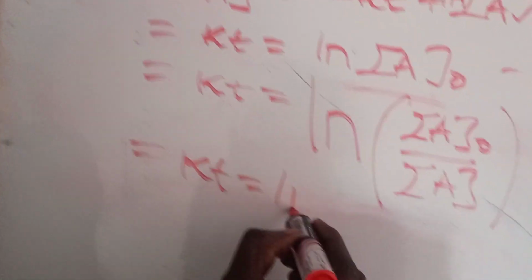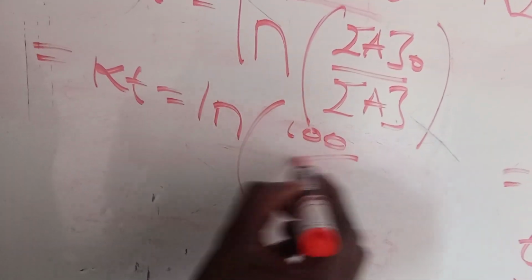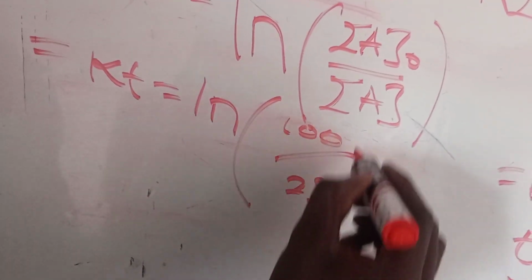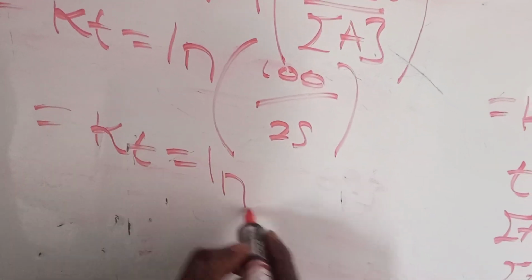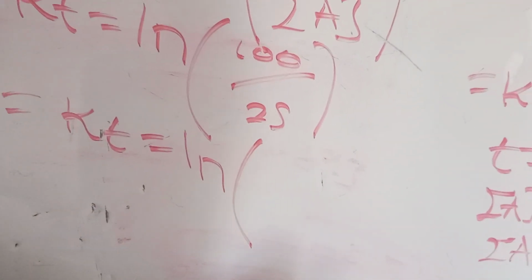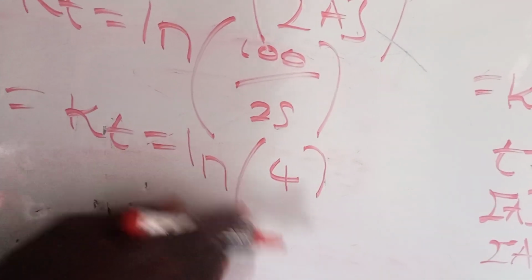Come here, you say ln, open up: what is the initial concentration there? It is 100, divided by the concentration I'm dealing with there, which is 25. And kt is equal to ln of 100 divided by 25. You're going to have 4 there.